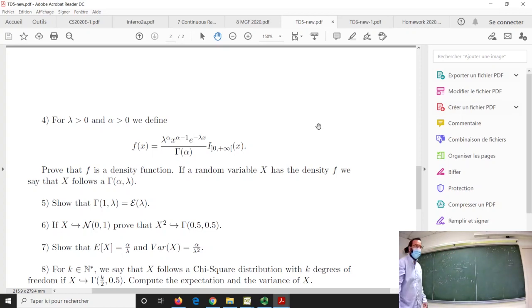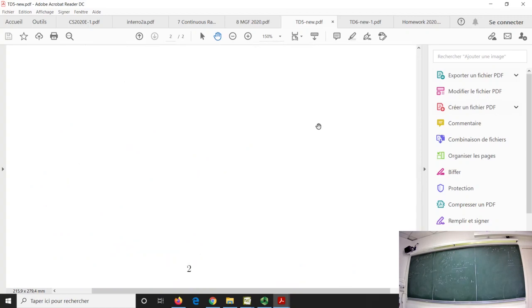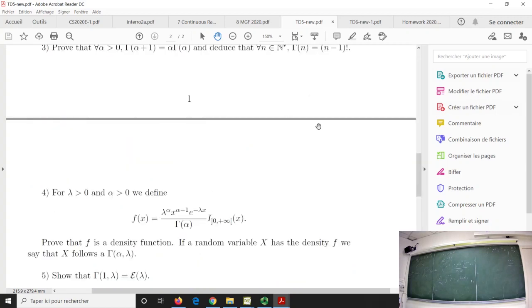I have something of the same form here; the only thing changing is that I replace lambda by lambda minus t. So to continue my computation, I need to impose one restriction on the parameter, because this integral is not always finite. It is finite when the parameter here is strictly positive.